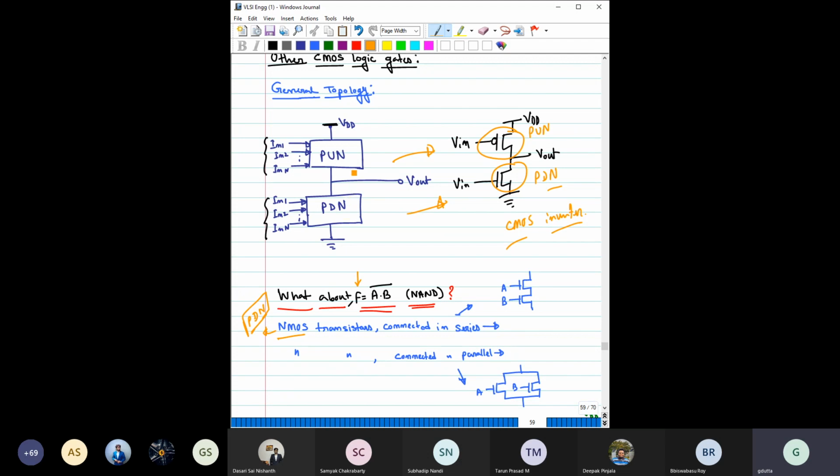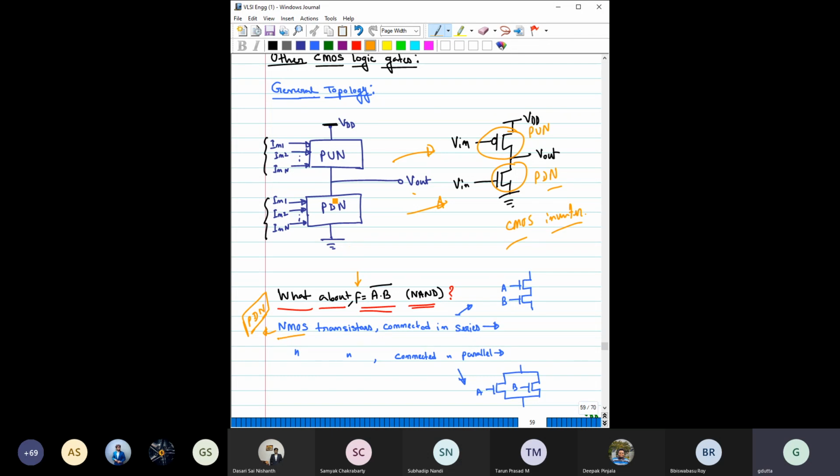Similarly, if you use NMOS as a pull up network, then the maximum voltage at this output would be VDD minus the threshold voltage of this NMOS. So you will not get the full swing. The output would be one threshold voltage away from the power line voltages.